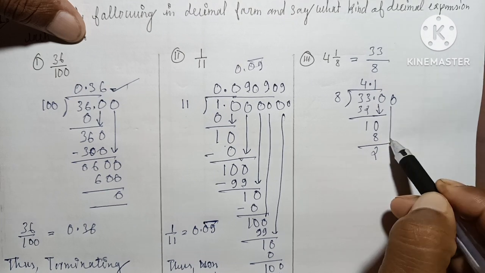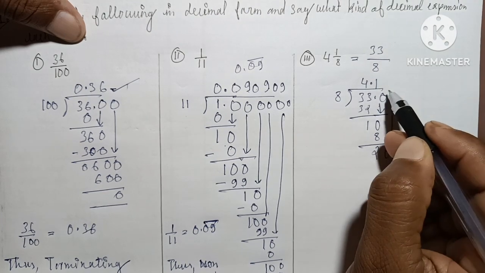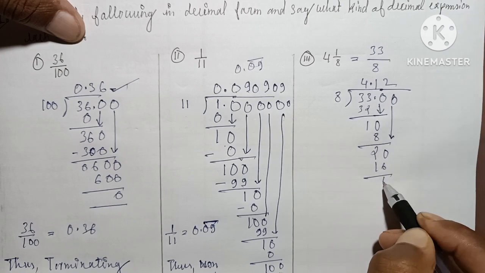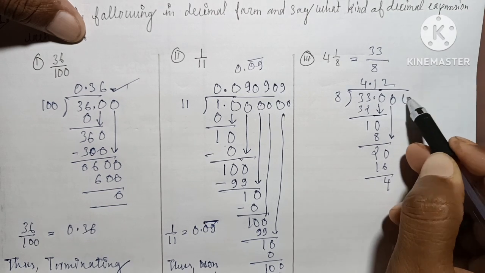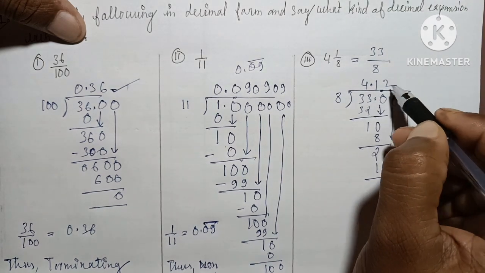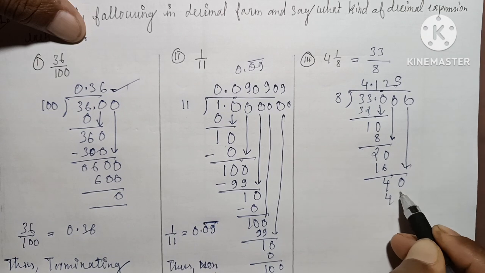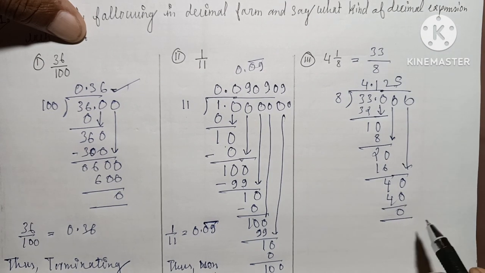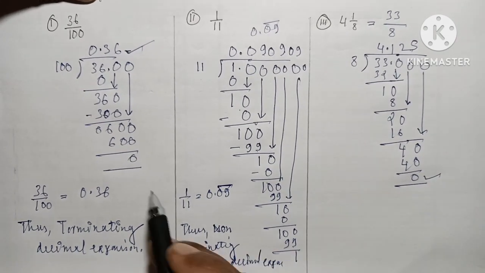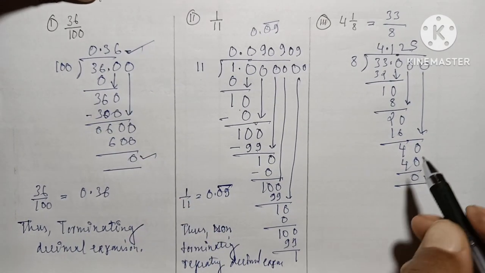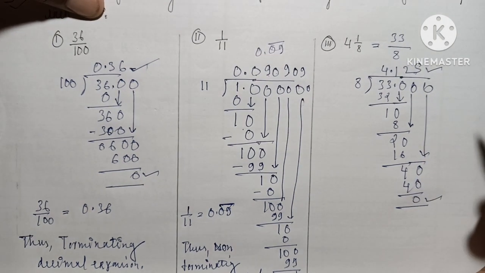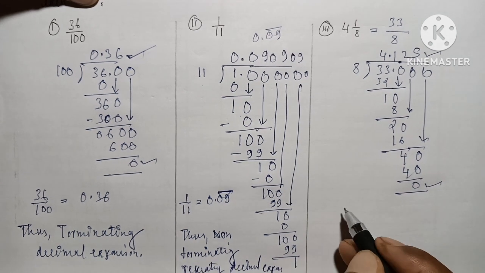Now give 0, bring down 0. 8 2s are 16, then 4, again give 0. Now bring down 0. 8 5s are 40. Here the remainder comes 0. When the remainder comes 0, it means this question is a terminating decimal expansion.